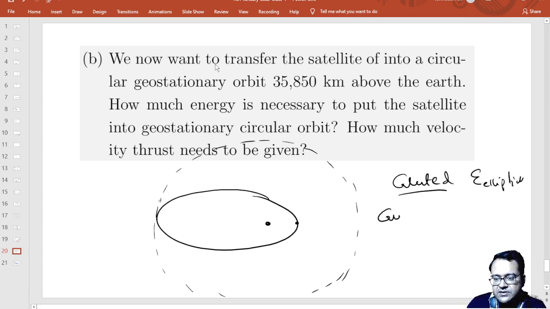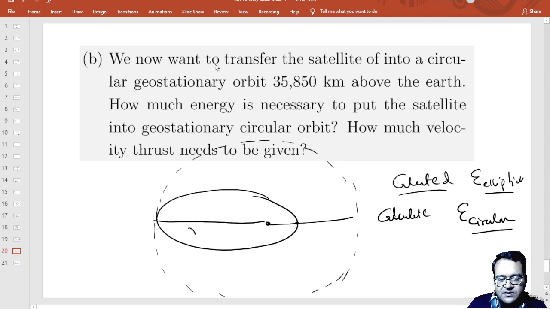Now calculate E circular, because you have the data, you know that will be that apogee distance, R apogee. This will be the R of circular.